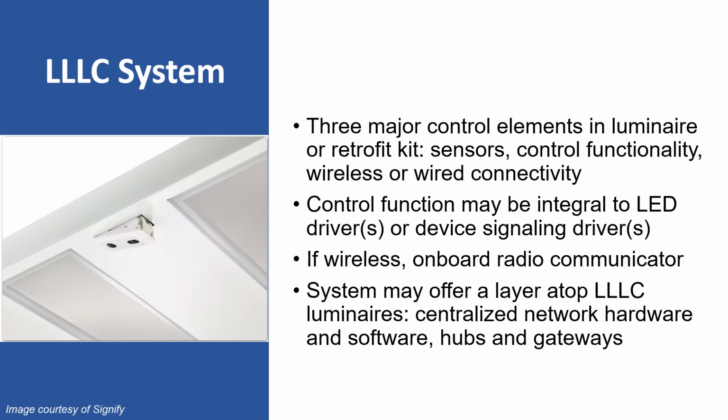In the majority of luminaire level lighting control systems, the three major control elements installed in the luminaire or retrofit kit are sensors, control functionality, and wireless or wired connectivity. The control functionality may be an integral part of the LED driver or drivers, or a separate device that sends dimming signals to the driver.